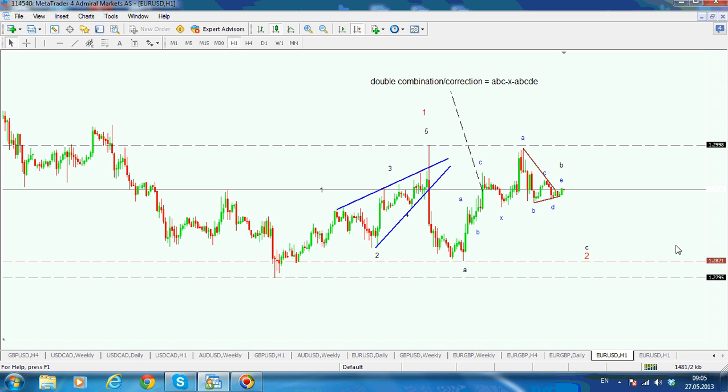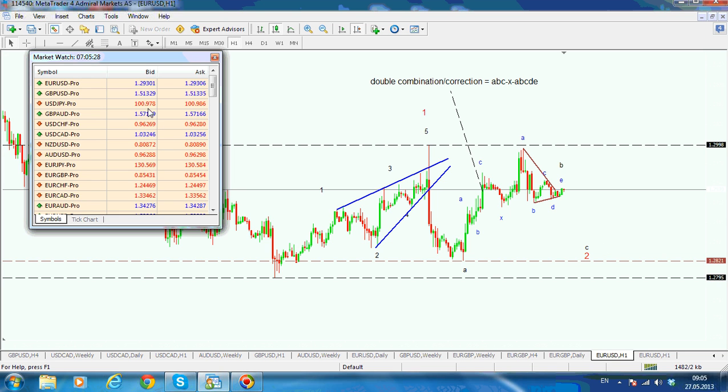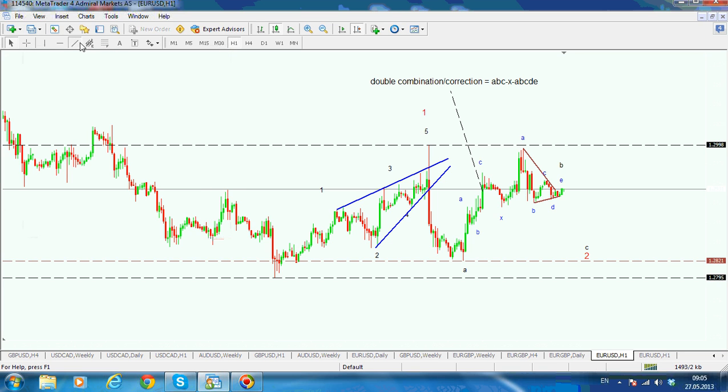Now again, keep in mind this is 129.30. 129.44 would invalidate this triangle. If this triangle is going to be invalidated, then we might also have the potential of a head and shoulders. If you take a line like this, you might say that this is a head and shoulders with the left shoulder, the head, and the right shoulder here. So the measured move would be somewhere here.